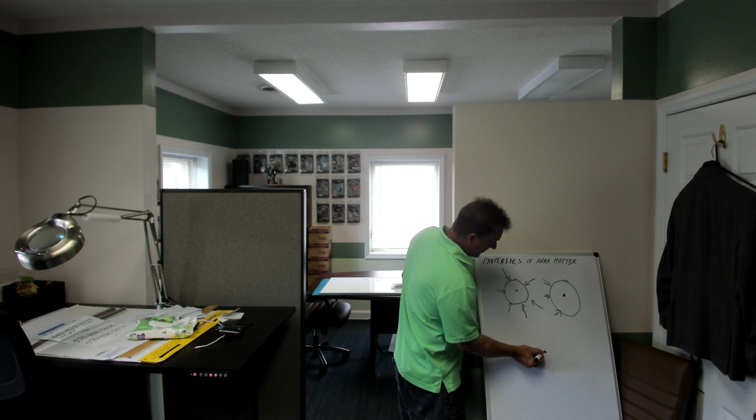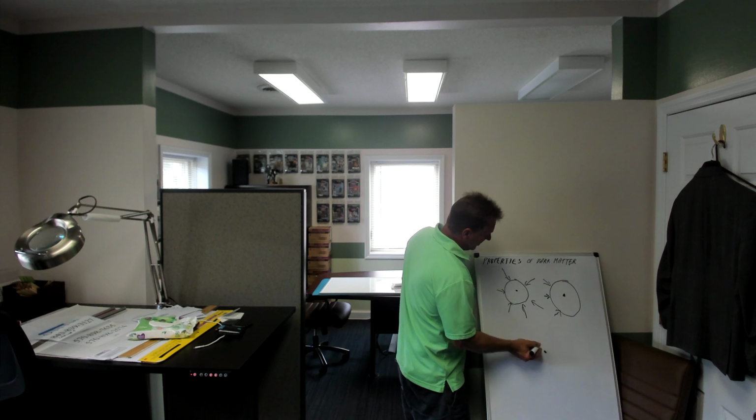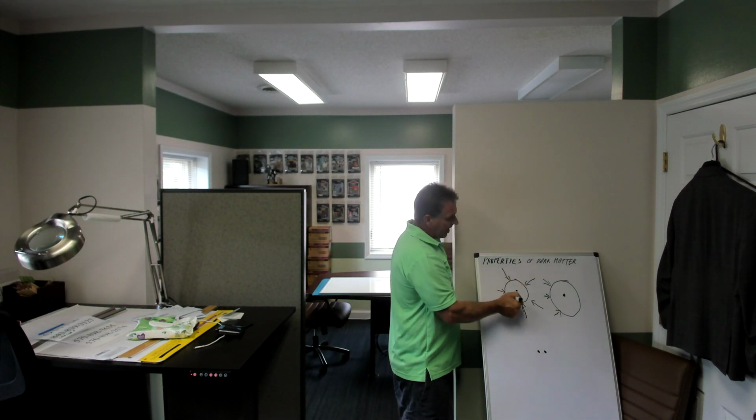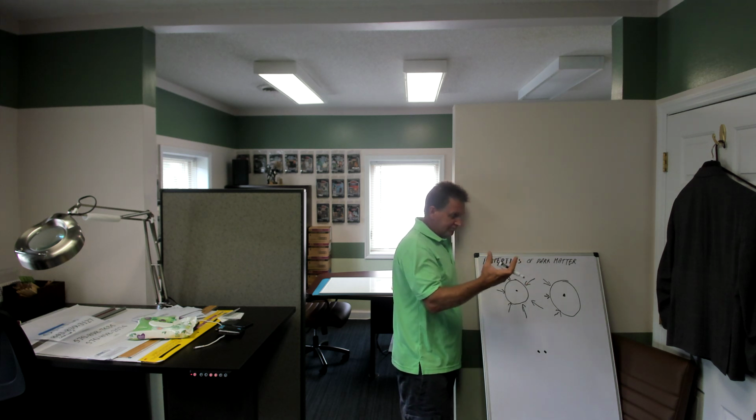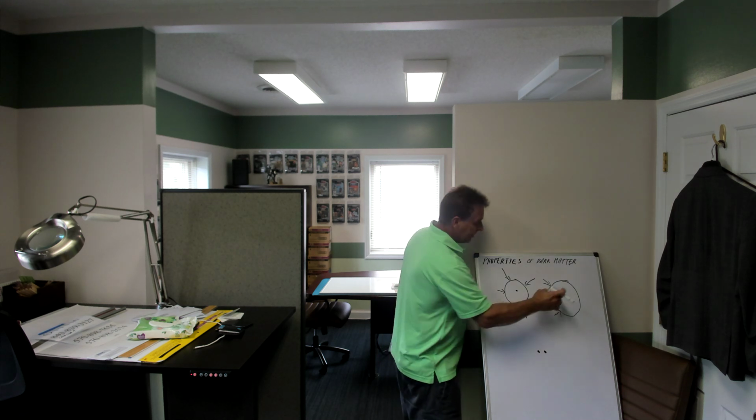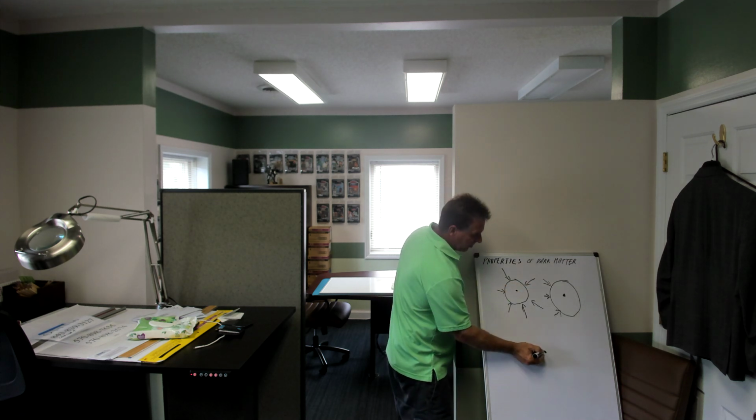Okay, so now when you have two pieces of matter, I want you to note the size of this circle. I'm going to call that the dark matter displacement size or whatever. Add the size of both of these together.